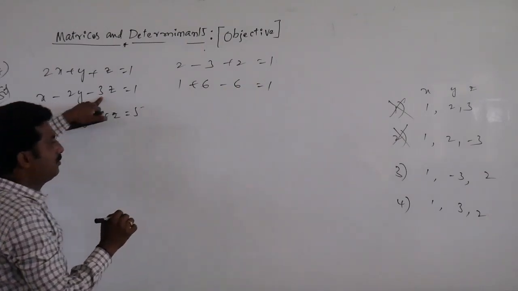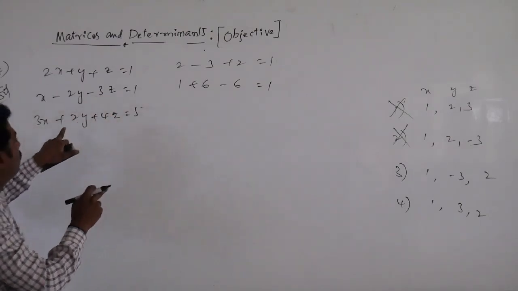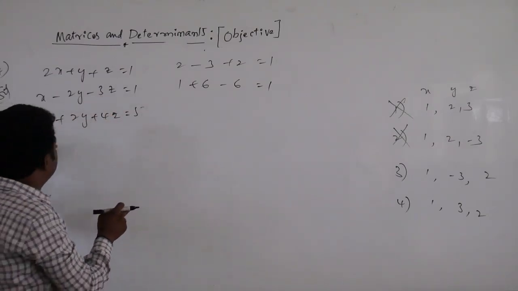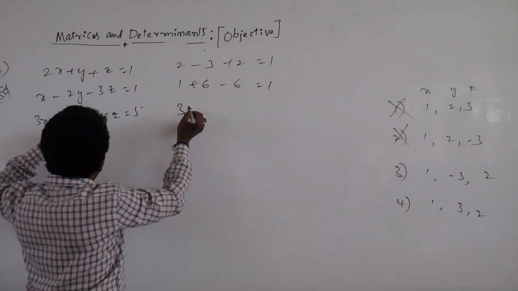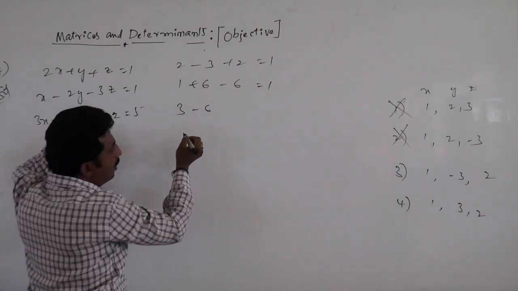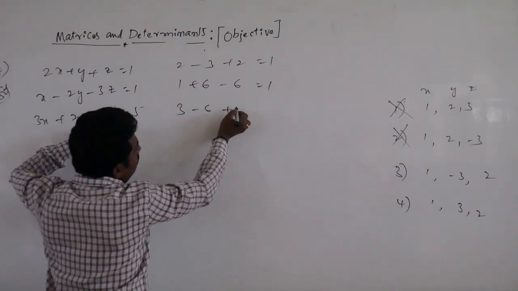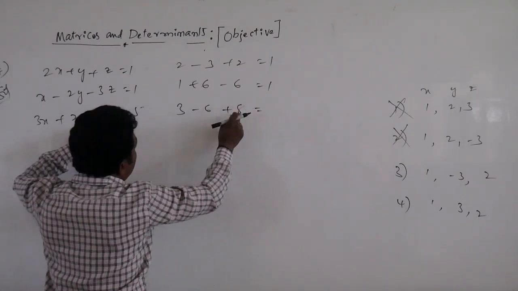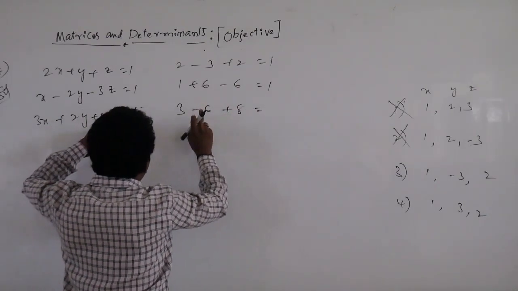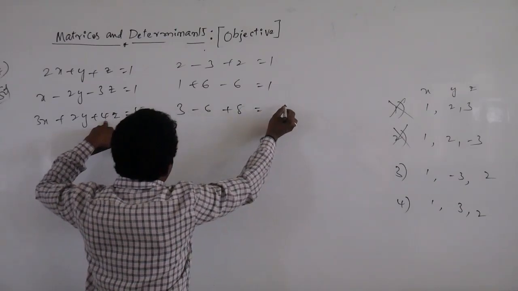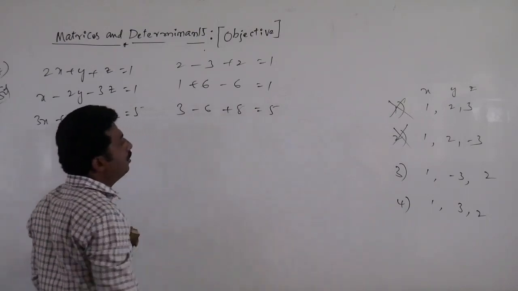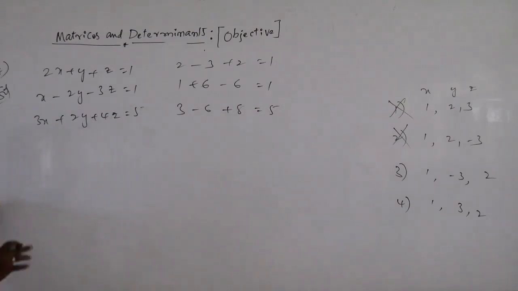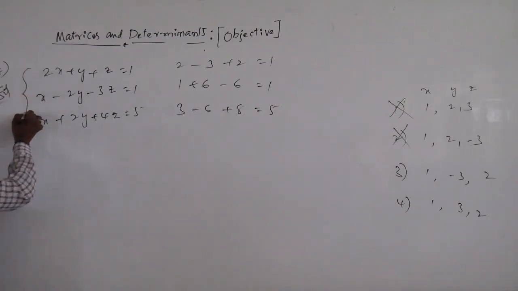Yes, it is also satisfying. Same third option we substitute in the third equation: x value 1 means 3, y value minus 3 means minus 6, z value 2 means 8. So 9 minus 6 is 3, plus 8 is 11, minus 6 means 5. So the third option satisfies all these 3 equations.